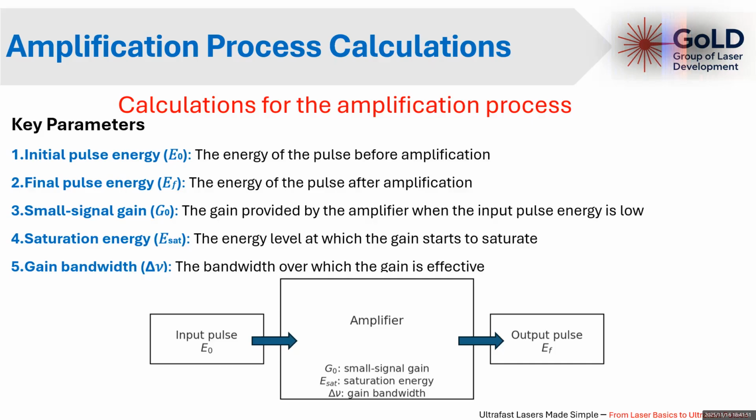Saturation energy, same as saturation intensity, is the energy at which the gain starts to saturate. And gain bandwidth, the bandwidth over which the gain is effective, of the gain medium.